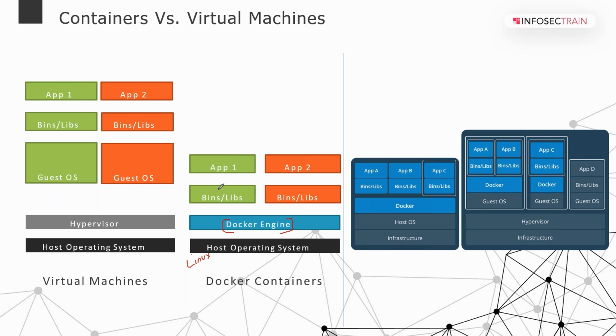When I move these containers to another Docker setup where I'm using Windows, as you said earlier, there is a platform incompatibility. In this case the underlying OS is Linux, but if you move to the other Docker side, the underlying OS is Windows. Then how can these differences be eliminated?